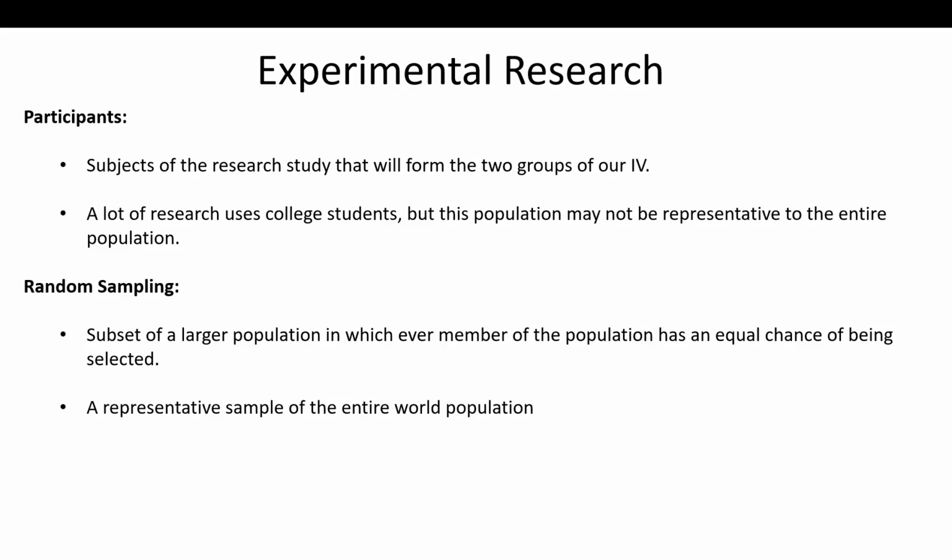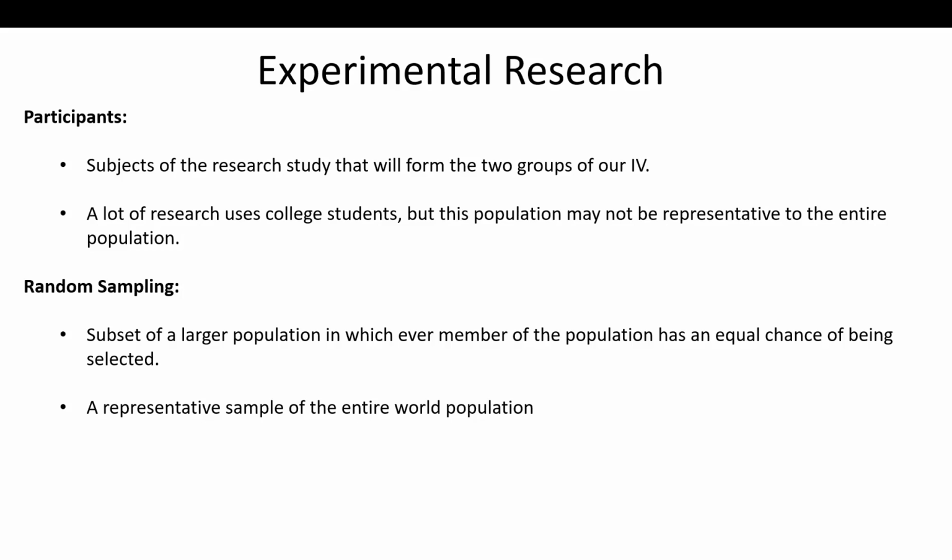Then we should always randomly sample to gather participants. This means that researchers are gathering a subset of the entire population in which every person has an equal chance to be selected for the study. Random samples are preferred because if there is a large enough sample, researchers can be sure that the subset or sample is representative of the entire population.